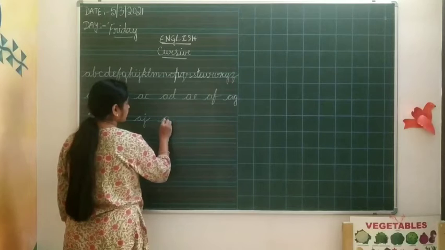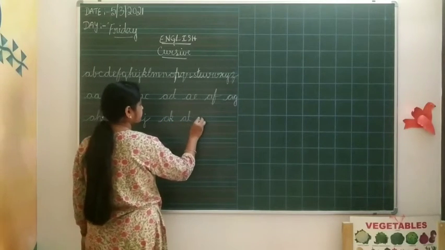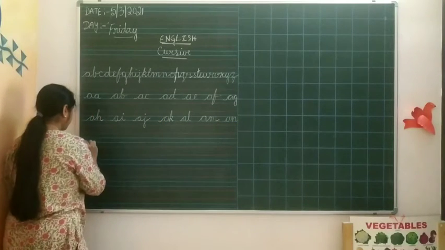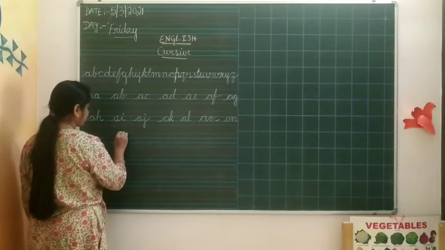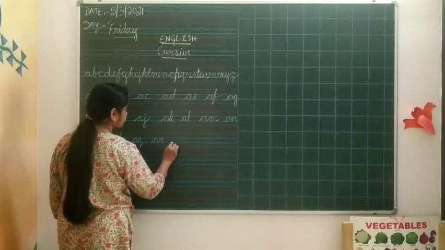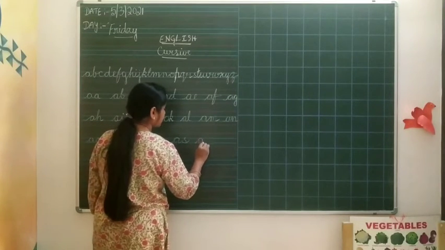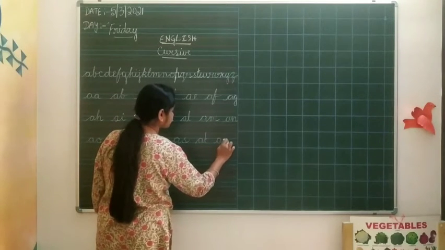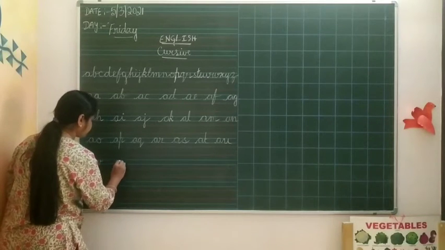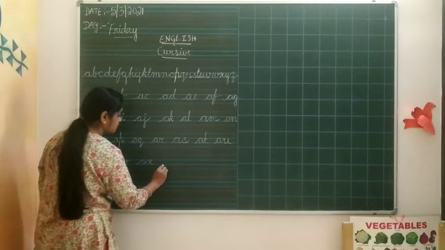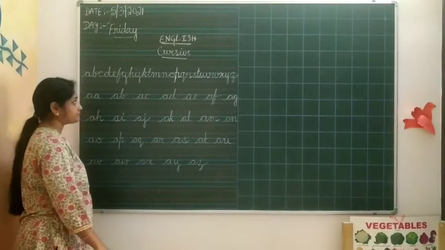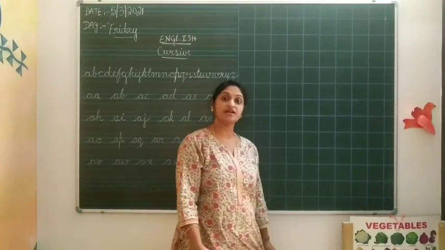J, A, K, A, L, A, M, A, N, A, O, A, P, Q, A, R, A, S, A, T, A, U, A, V, W, A, X, A, Y, A, Z. These all are the cursive joining letters using the A, children.